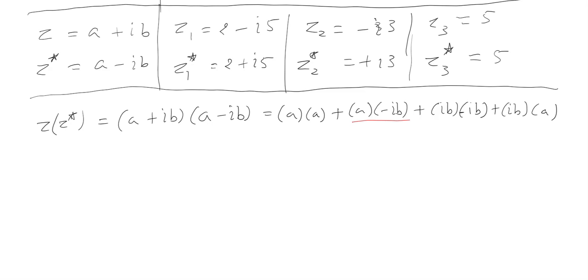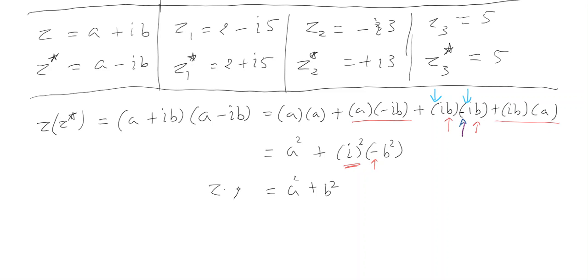So these two will be mutually cancelled out and what you are left with is a square plus i square into minus b square. See, you have b and b, that is b square. You have i into i, that is i square, and then you have this minus sign also. Okay, so what should I write now? Now this i square is minus 1, and with this negative sign I have plus 1. So it is a square plus b square.